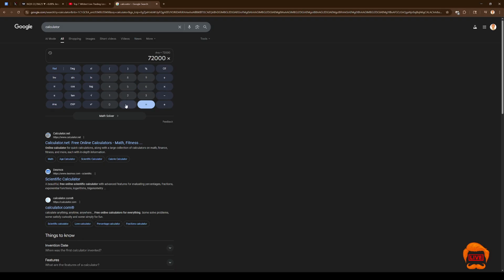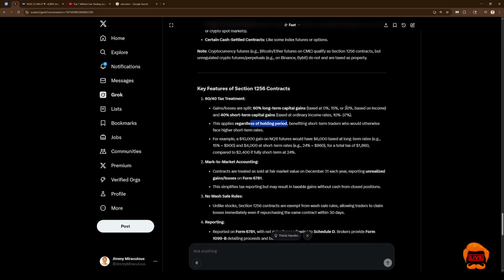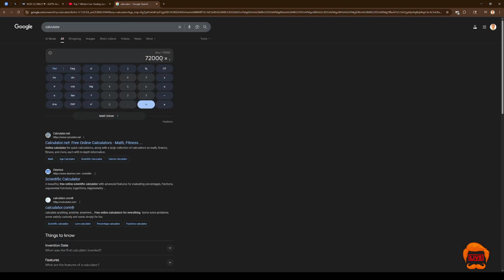That's going to be taxed at a rate of 20% maximum. I'm going to guess if your income is over like 50K, they're going to hit you 20%. Right? Okay. 60% of that is 72,000. We're going to tax that at 20%. That's 14,400.